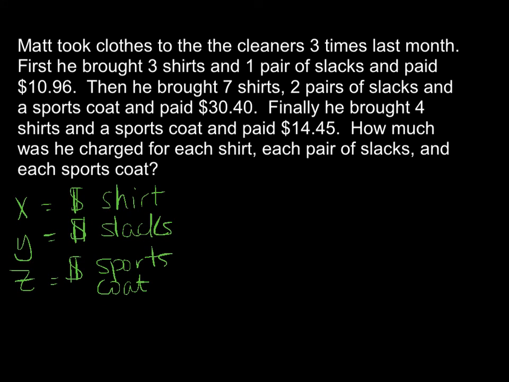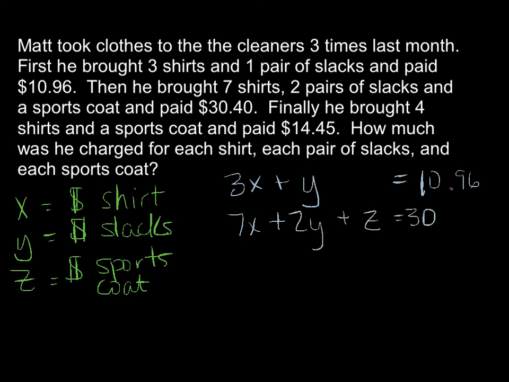Now I need to set up the system. So we have a total of 3 times. So first he brought 3 shirts, so that's 3x, and a pair of slacks, so plus y, and he paid $10.96, so 0z equals $10.96. Then we have 7 shirts, 2 pairs of slacks, and a sports coat for $30.40.